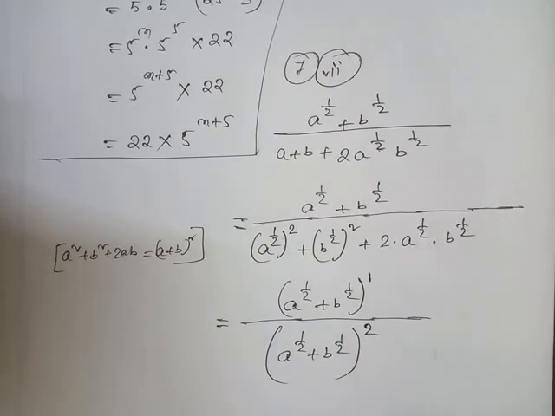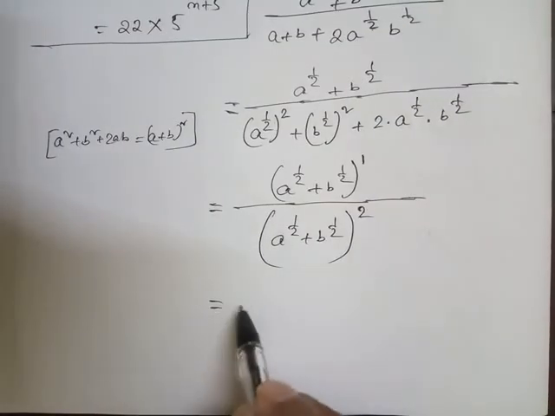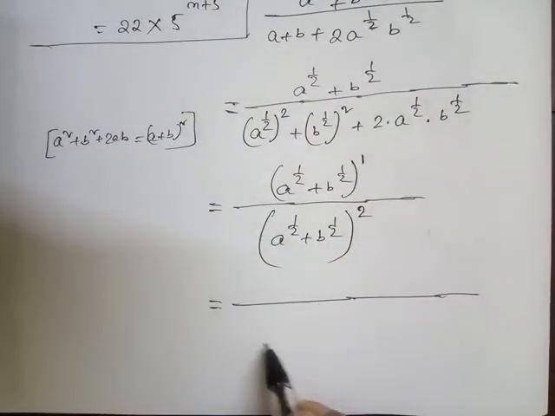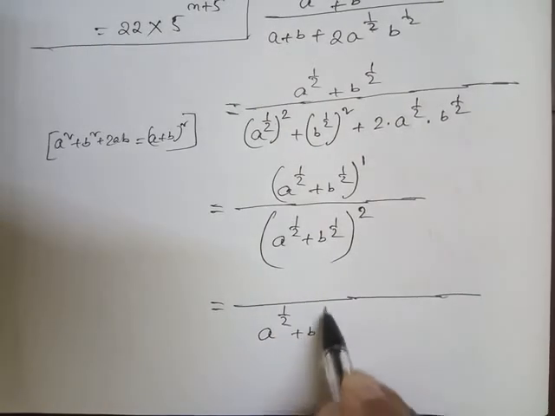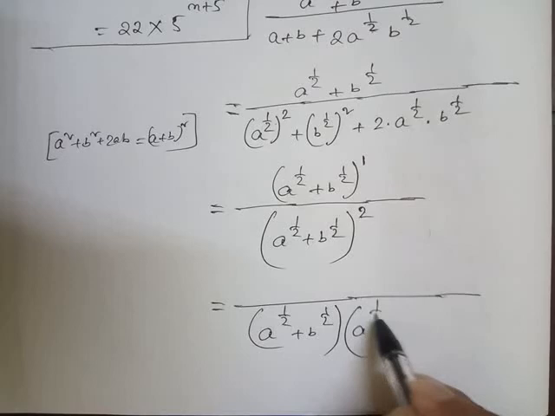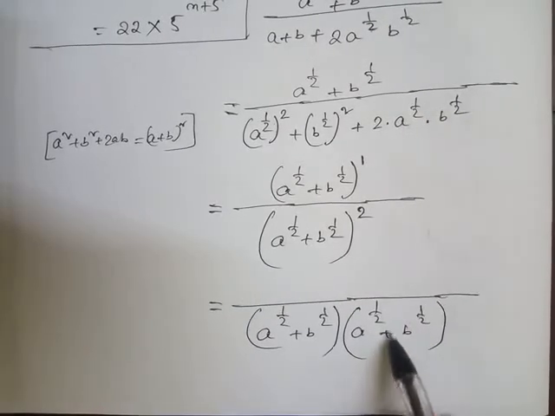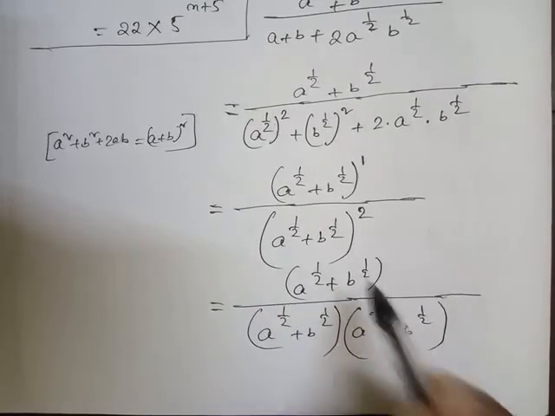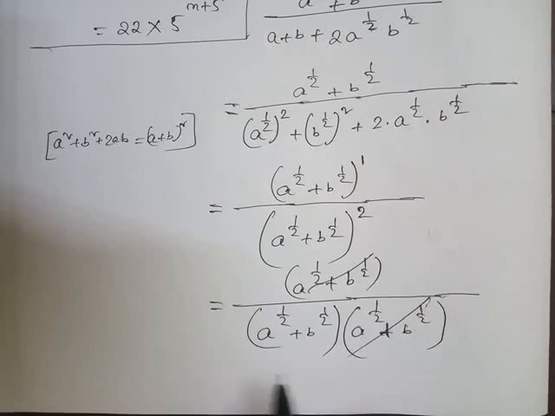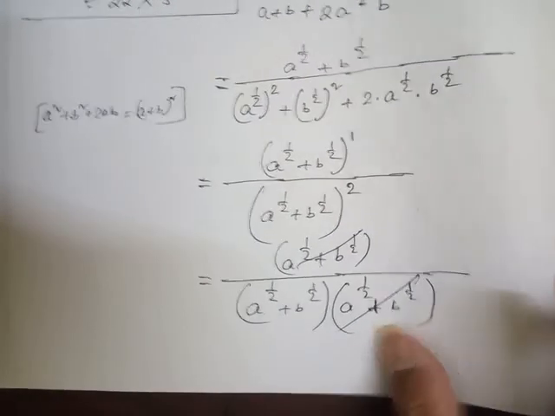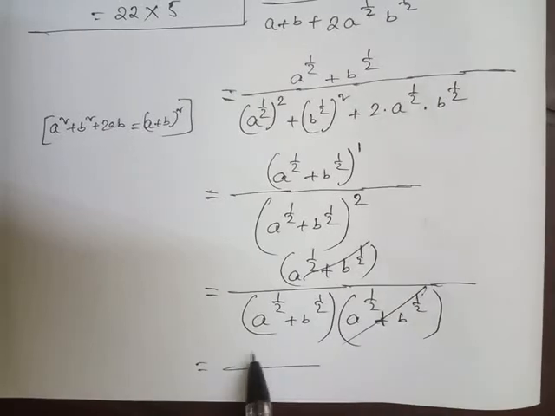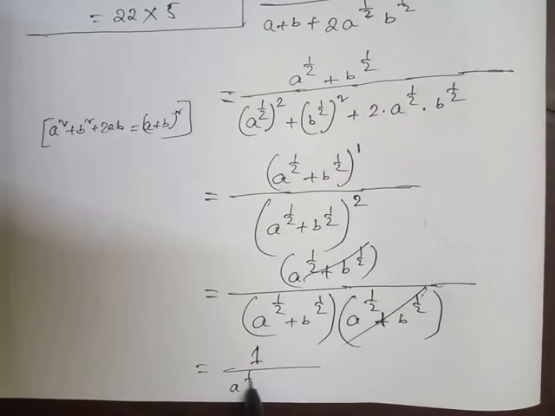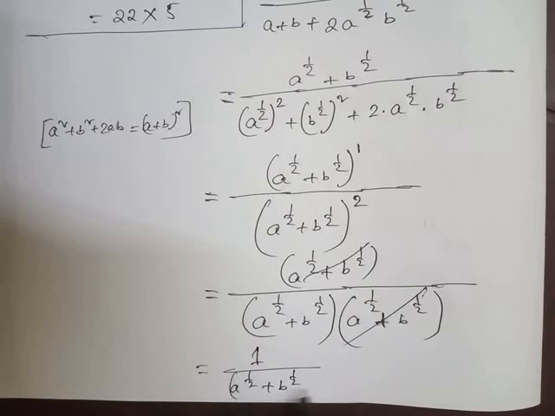Now in the next step, if I go for the cancellation here, look here student, this can be split up like a to the power half plus b to the power half, and here also a to the power half plus b to the power half, and from the question it is given, so cancel these two, the remaining part would be 1 by a to the power half plus b to the power half.